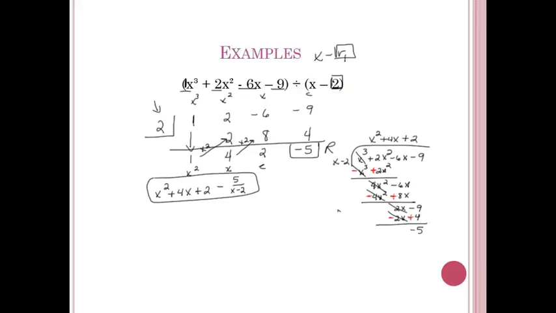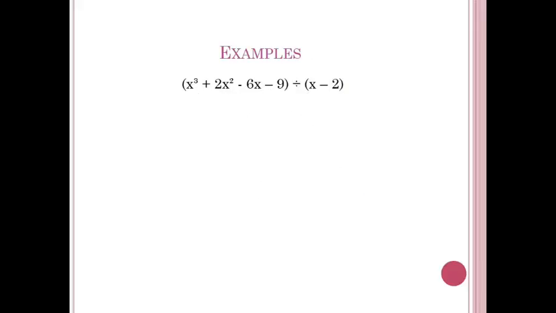And so you can see this plus our remainder is the same as we got doing synthetic division. And synthetic division is much quicker and easier to do. So let's go on to our next problem.